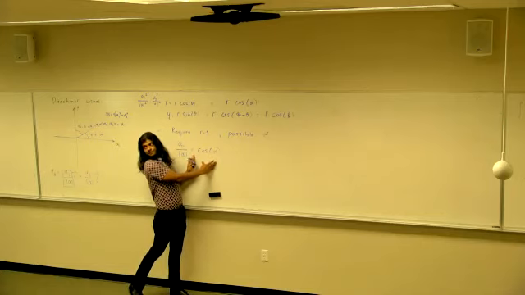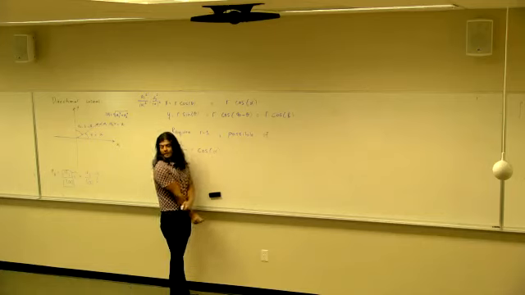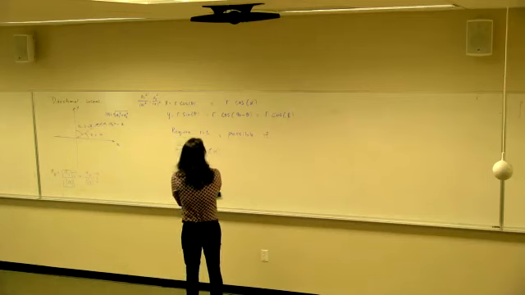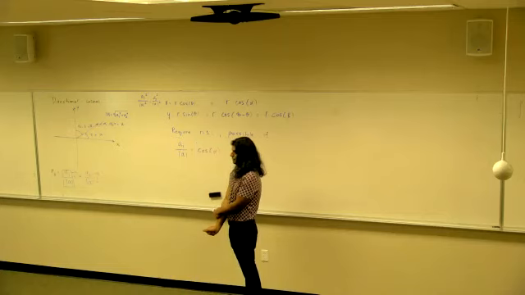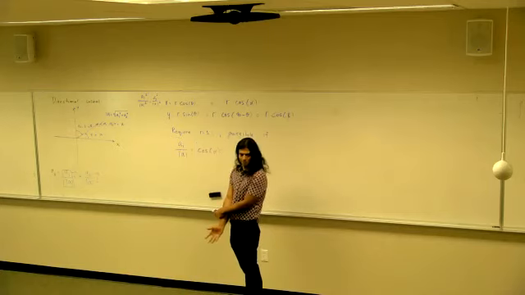Is the y supposed to be r sine of 90 minus theta? Why does it change? Trigonometry. What is cosine of 90 minus theta? Sine theta. We do agree, right?